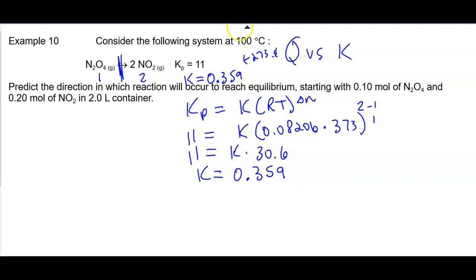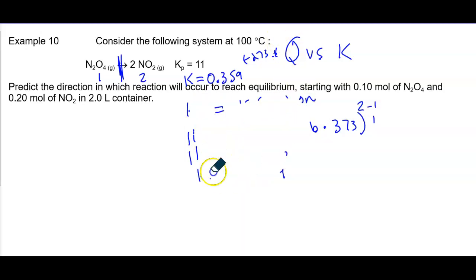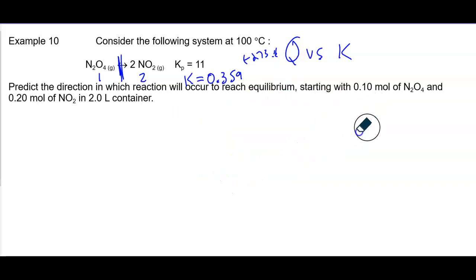We have not even thought about Q yet, because Q, remember, is the same thing as K, except it's before equilibrium. So we're going to treat Q just like K. But remember that in order to have a Q or a K, we have to have concentration. So we're going to figure out the concentration of NO2.